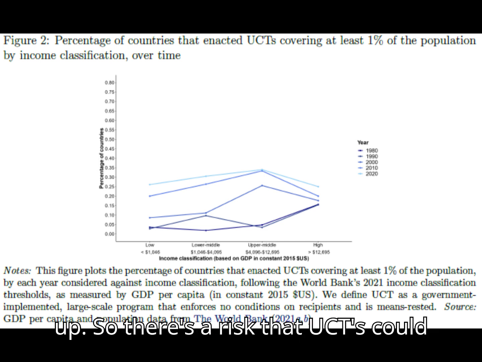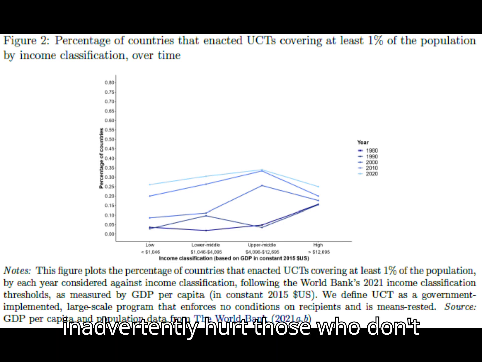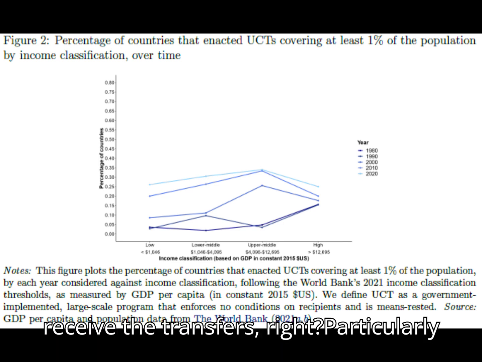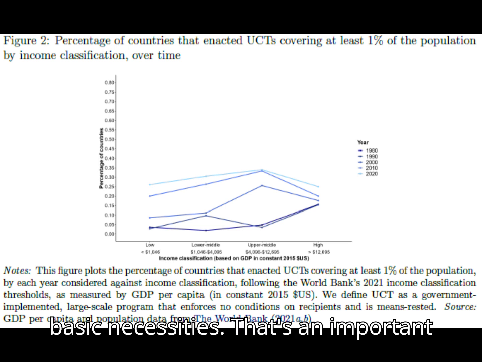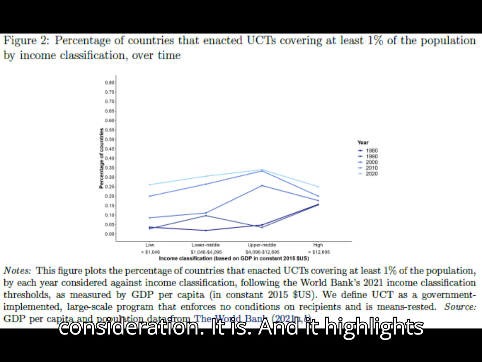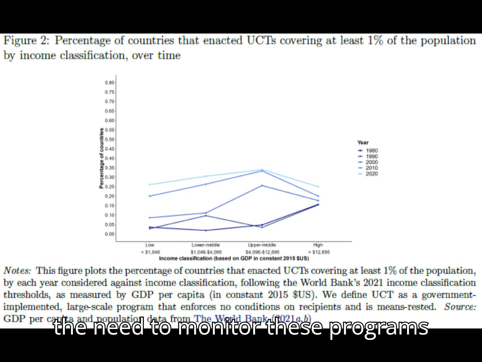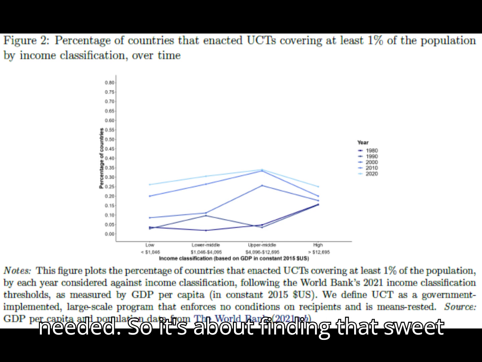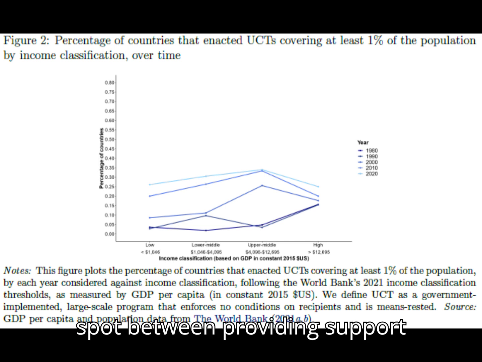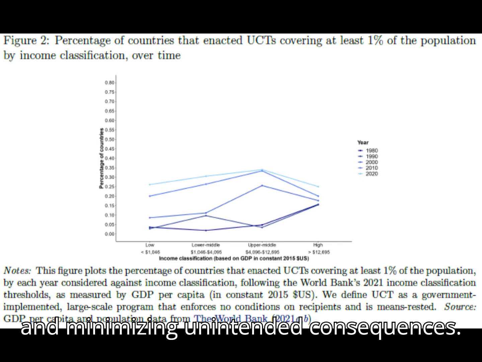So there's a risk that UCTs could inadvertently hurt those who don't receive the transfers, particularly if they're already struggling to afford basic necessities. That's an important consideration, and it highlights the need to monitor these programs closely and be prepared to adjust them as needed. So it's about finding that sweet spot between providing support and minimizing unintended consequences.